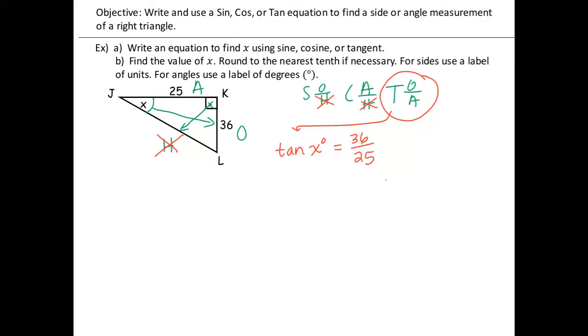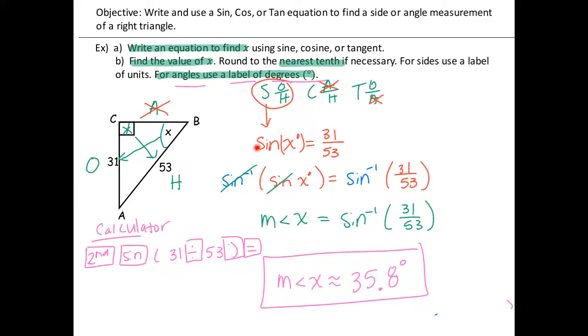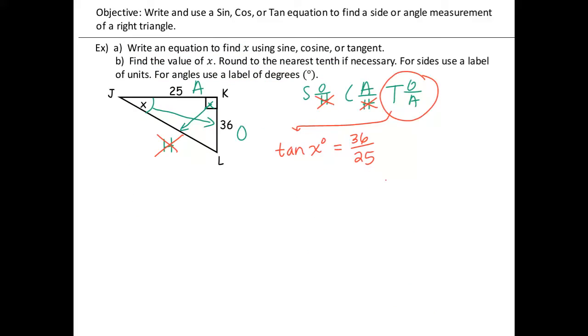Okay, so what do we do to each side, Bilal? We don't divide. Remember looking at this one? To get rid of the sine, we have to take the sine inverse of each side, right? So how do we get rid of the tangent? We take the inverse of each side.